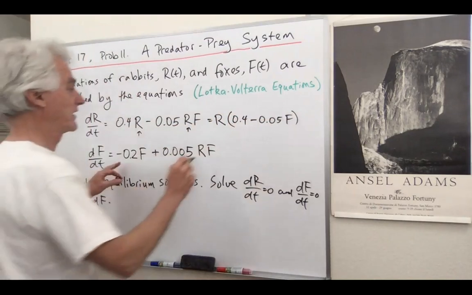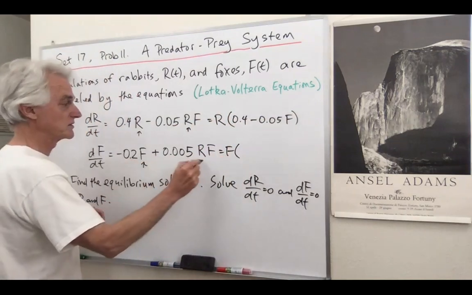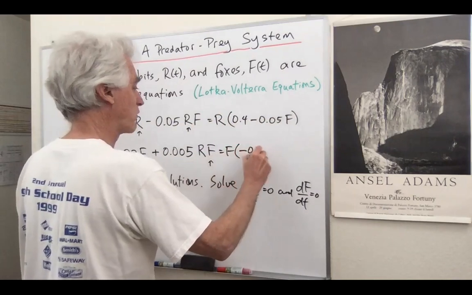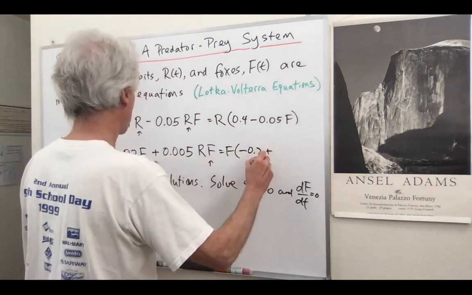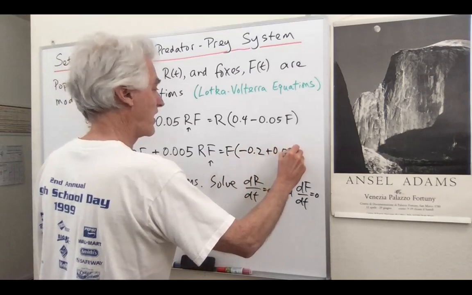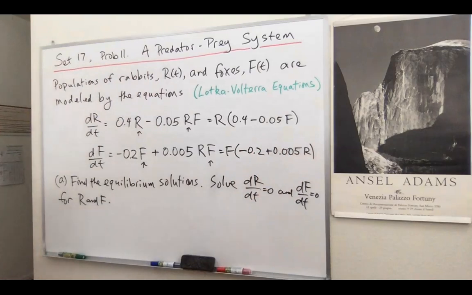And then in this one there's an f in both terms, so I factor out the f and get minus 0.2 plus 0.005r. Okay?